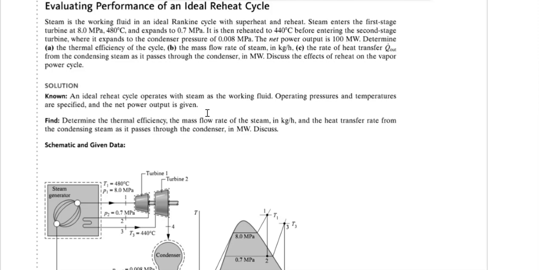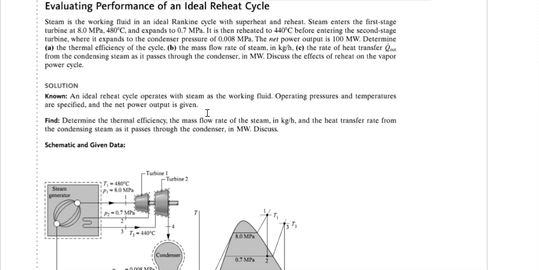Steam enters the first stage of the turbine at 8 megapascal, 480 degrees centigrade, and expands to 0.7 megapascal. It is then reheated to 440 degrees centigrade before entering the second stage of the turbine, where it is expanded to the condenser pressure of 0.008 megapascal.